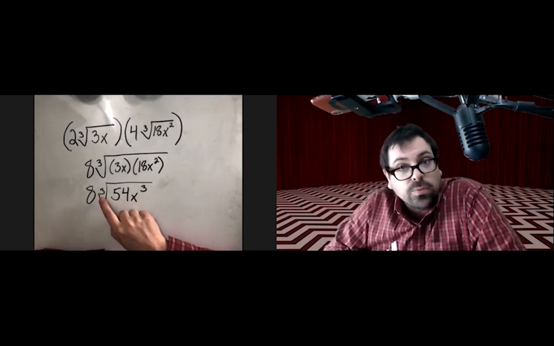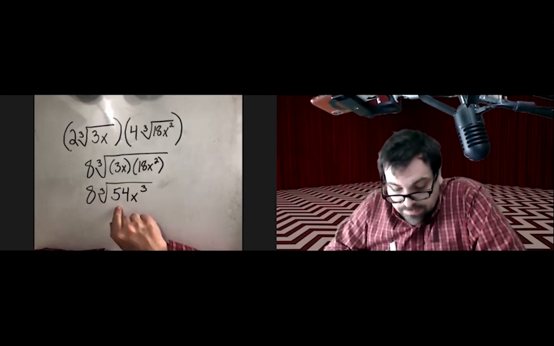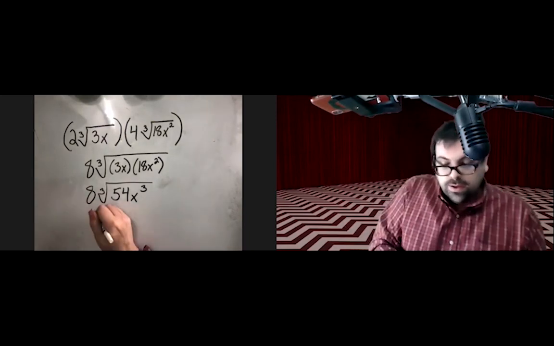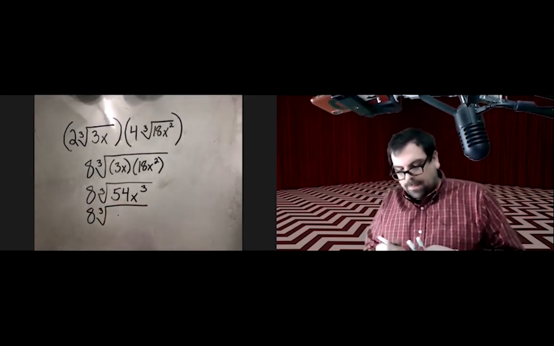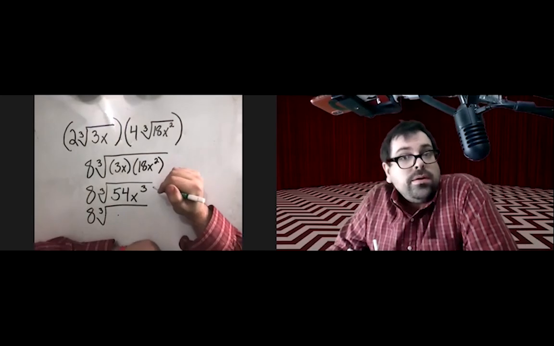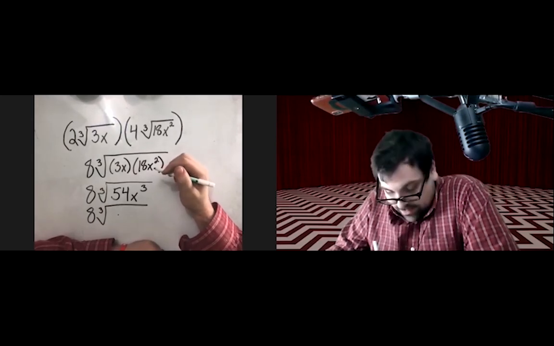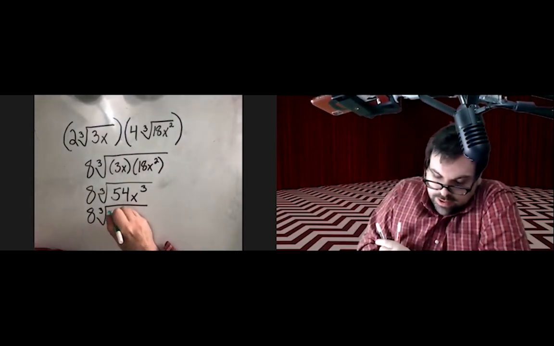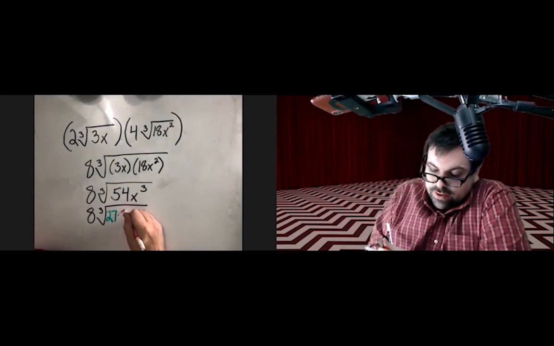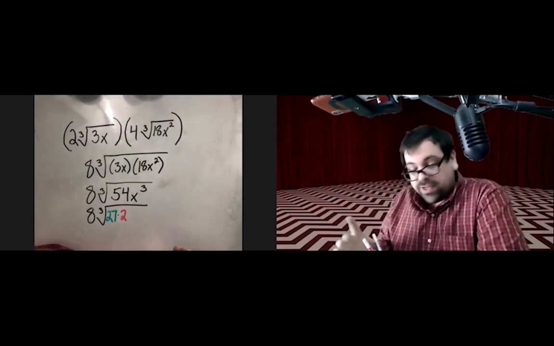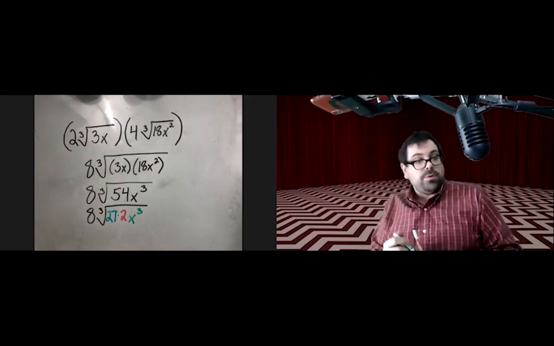But this is a cube root, which means we are looking for perfect cube factors, like 8, that's 2 cubed, or 27, that's 3 cubed. 54 happens to be 27 times 2. 27 is a perfect cube factor. x cubed is also a perfect cube factor.